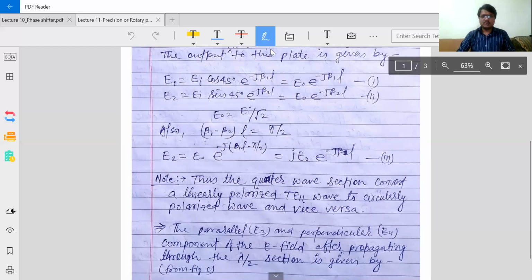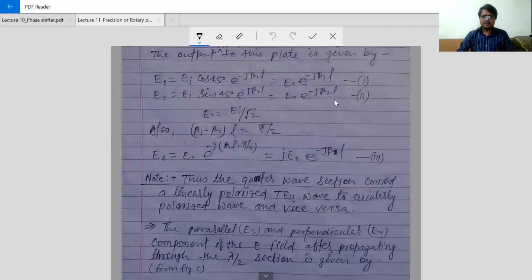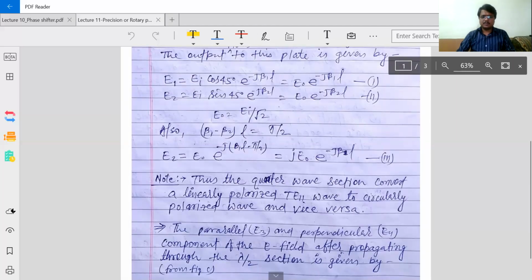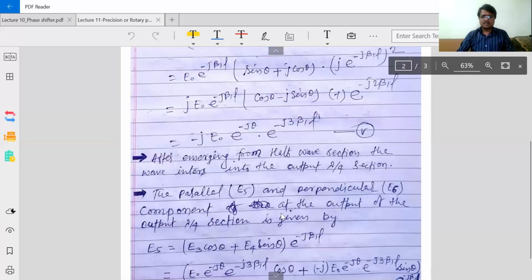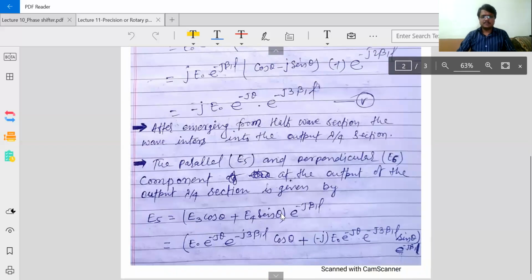Okay, we can write this one equal to this into j only. So this value is put in there.